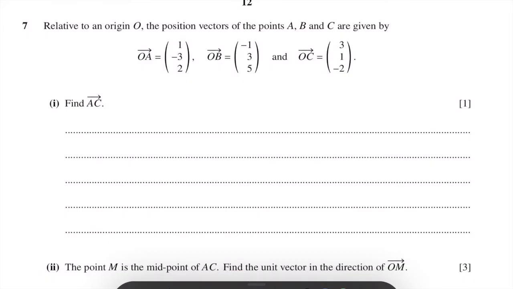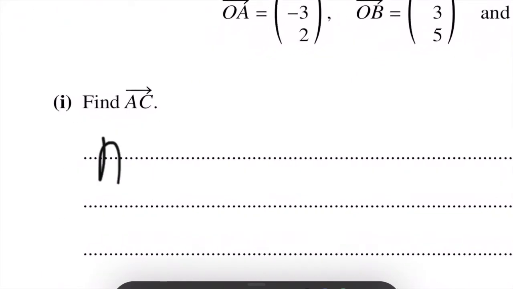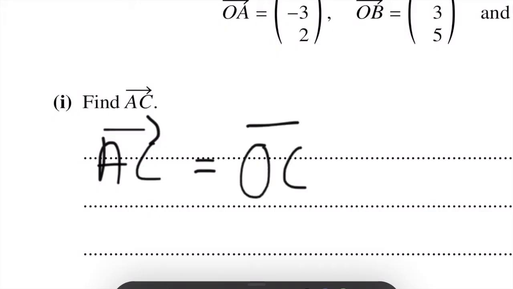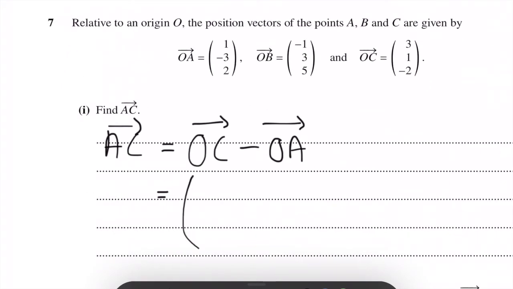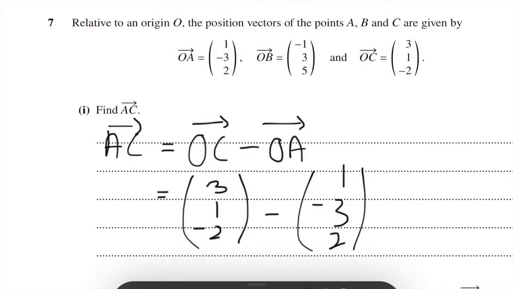For question 7, to find AC, we will need to subtract OA from OC. So 3 minus 1, 2. 1 plus 3, 4. Negative 2 minus 2 is negative 4.